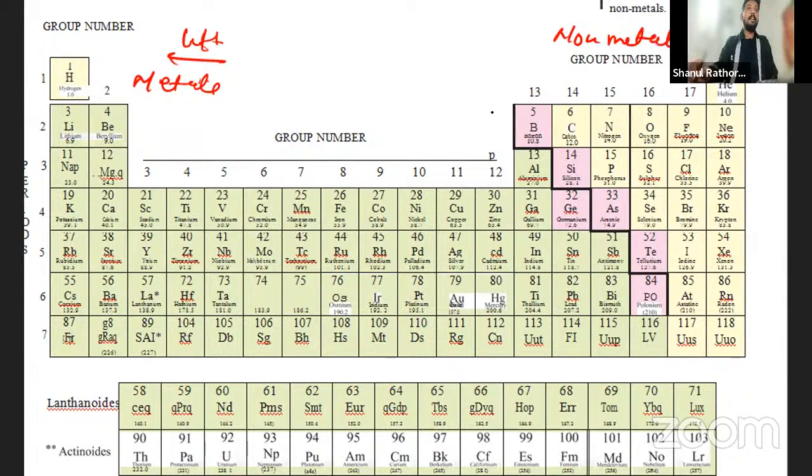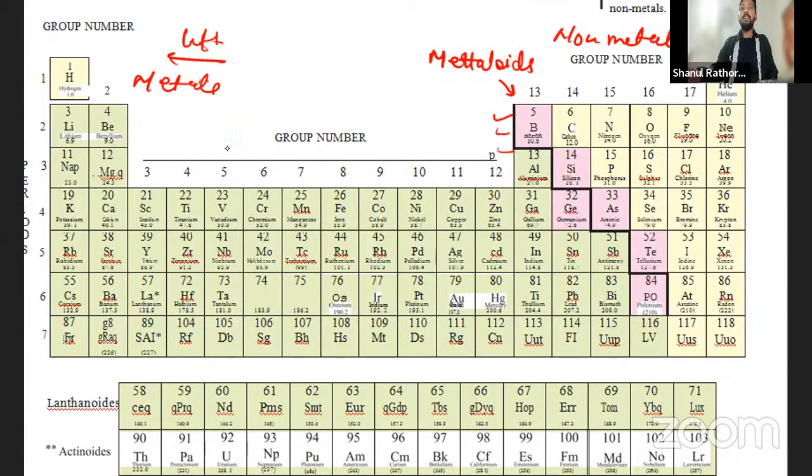And in the center, as you can see, this zigzag line divides the metals and non-metals in different colors. These are the metalloids.